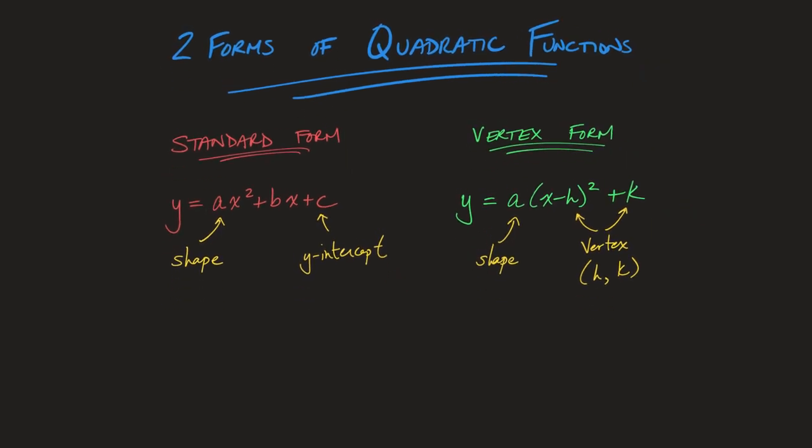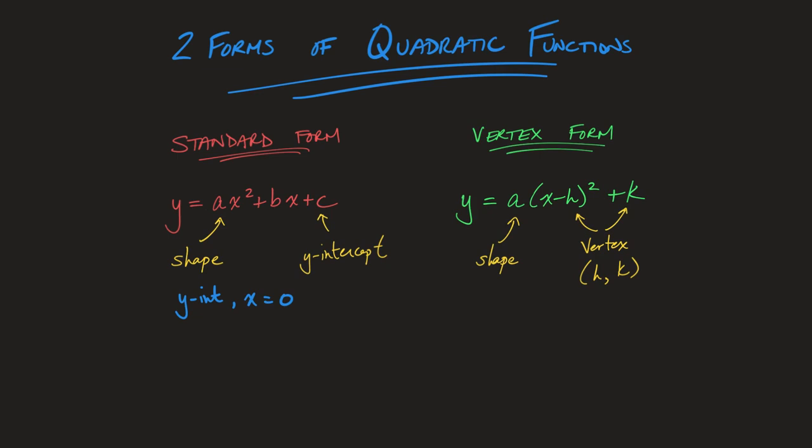Now, if you're looking at that and you're saying, yeah, but why? I want us to take a moment to calculate or find our y-intercept. If I had asked you to find the y-intercept of that parabola, I hope you would know that to find your y-intercept means your x value equals 0. Now, I'm not going to actually sub in 0. I want you to look back up at the red standard form equation.